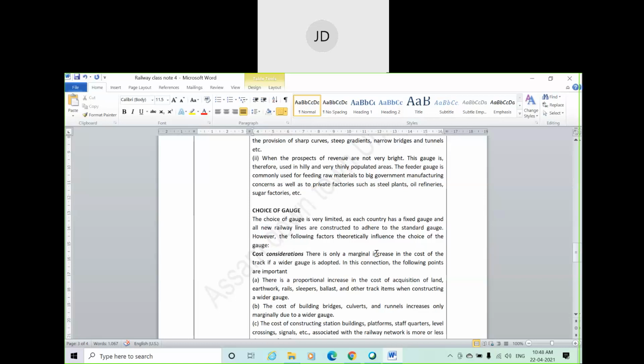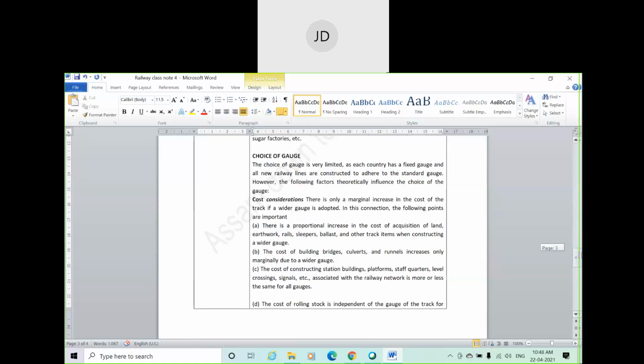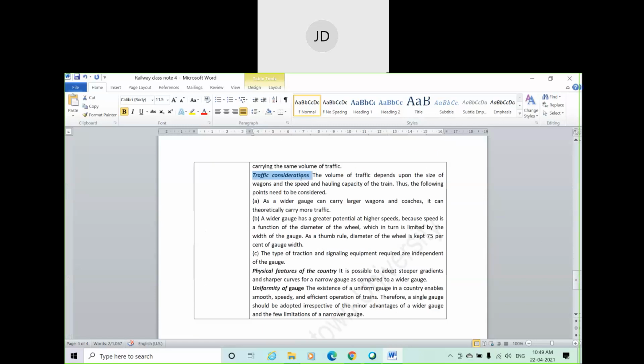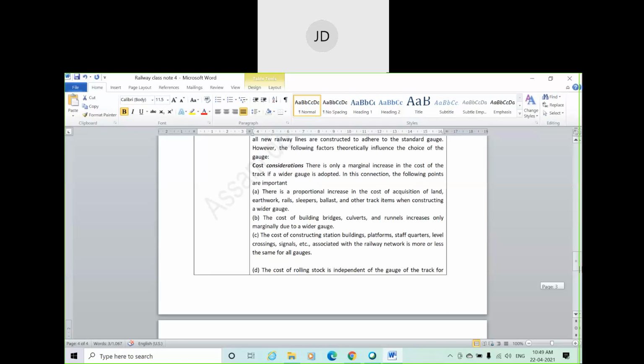However, the following factors theoretically influence the choice of gauge. So you have to go through this part also. What are the points influencing the choice of gauge? Cost consideration, which is a very important point. Next, traffic consideration is also a very important point. Then physical features of the country, and uniformity of the gauge is also one of the important factors.